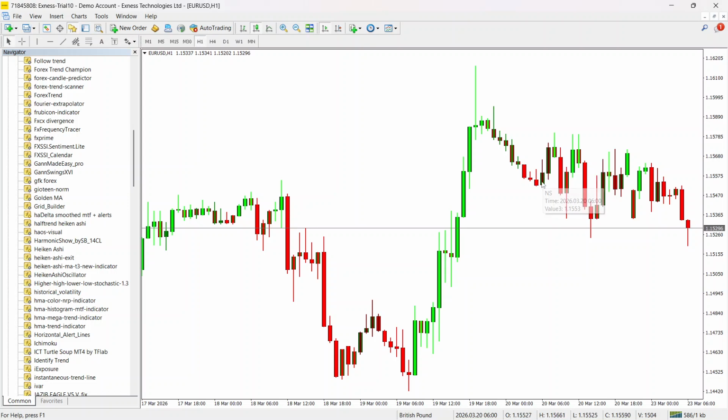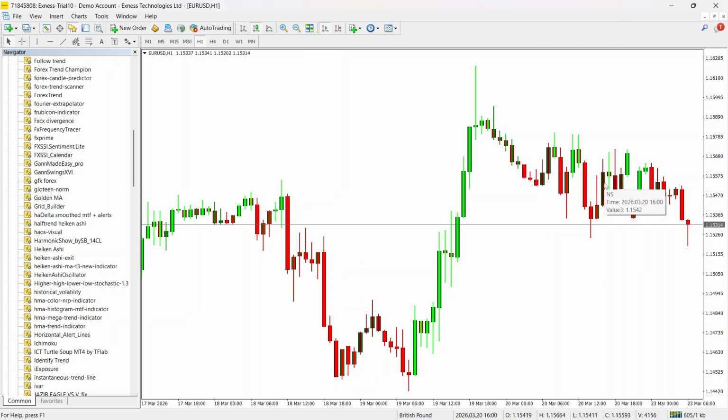Before I forget, the indicator has dark green candles. Despite the lime green candles that show bullish momentum is advancing, the dark green candles show that bullish momentum is weakening, while the dark red candles show that the bearish trend is losing strength.